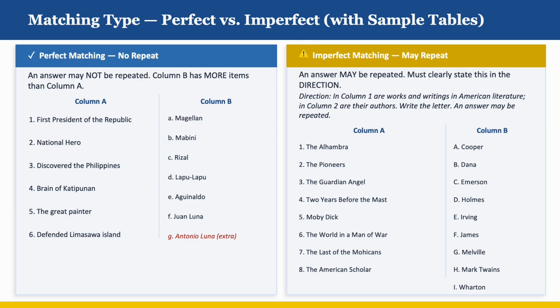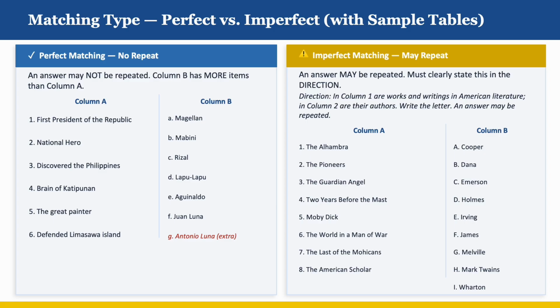So, this is actually useful when you want to test conceptual groupings. For example, multiple works of the same author or multiple events from the same time period. So, on the left, you see an example of perfect matching, like Philippine historical figures matched to their roles. Column B has extra items like Antonio Luna that are not answers to a question.